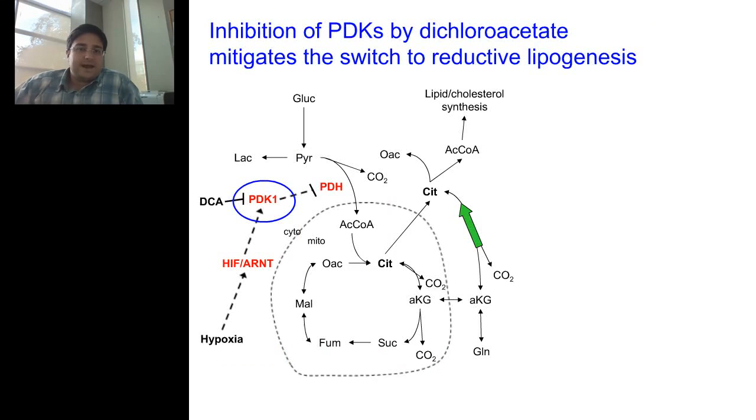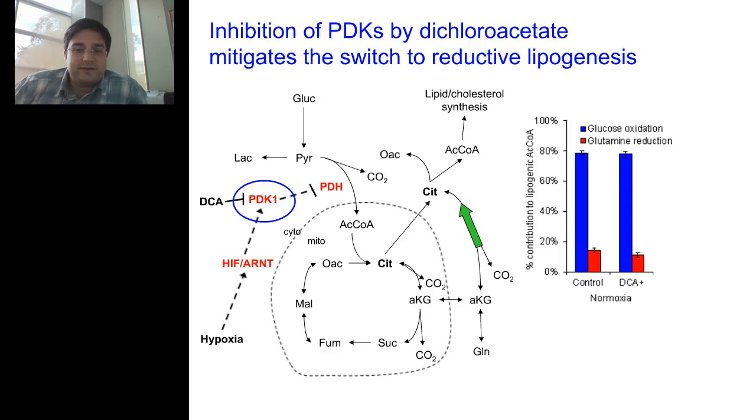Now, we've looked at how this occurs in part through hypoxic induction of HIF and PDKs downstream. And what we found is that if we take a compound, dichloroacetate, which inhibits PDK1, which in turn inhibits pyruvate dehydrogenase flux, it really has a minimal effect under normoxic conditions.